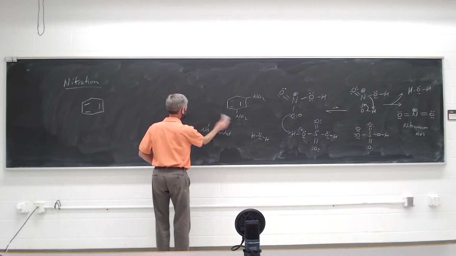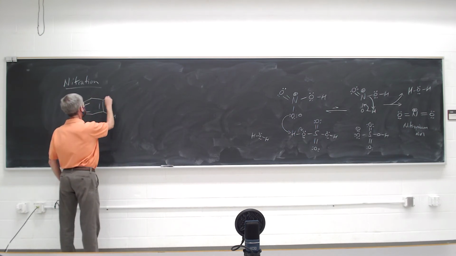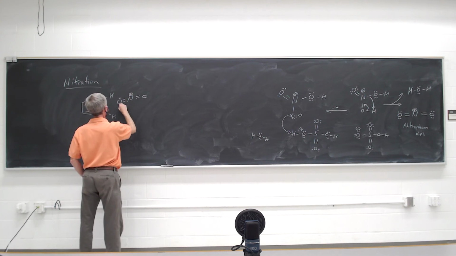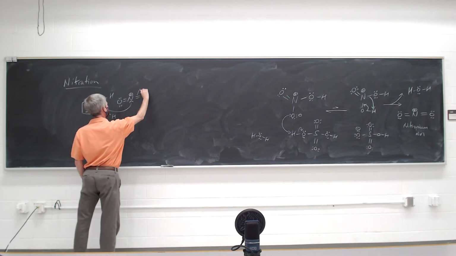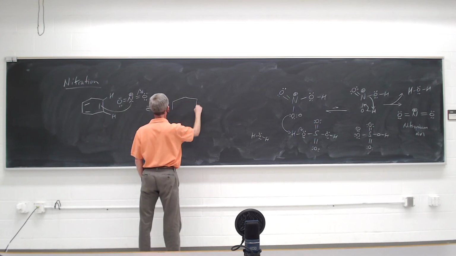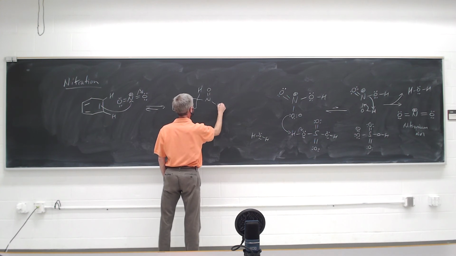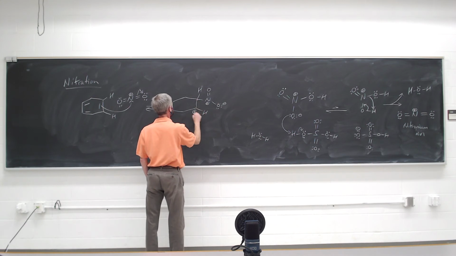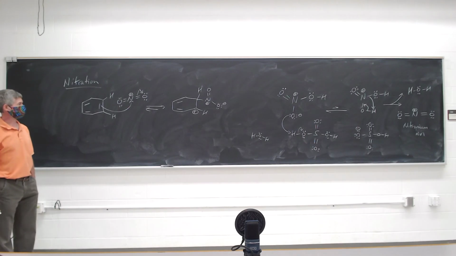Once you've generated NO2 plus, I think you know what the nitrogen looks like, right? Really good electrophile. The ring's going to attack it, break one of those nitrogen oxygen bonds, generate an sp3 hybridized carbon and a now non-aromatic structure.